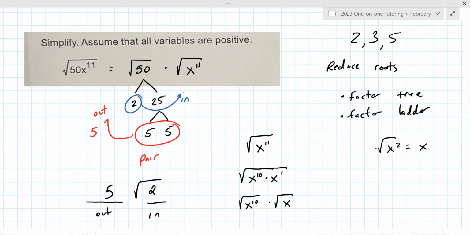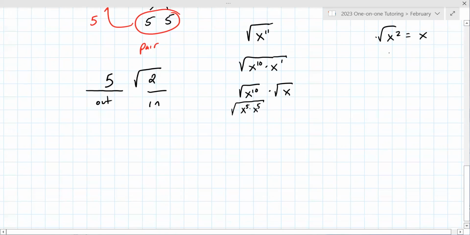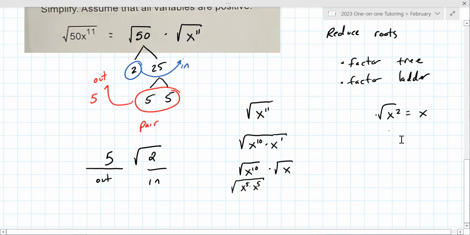Because it was x times x. That's true. So this would be x to the 5th times x to the 5th. Does that help? Okay. Yeah, I was kind of confused because I was thinking of the multiplication rules with normal numbers. Yeah, a little different with roots here. So this becomes x to the 5th times the square root of x.